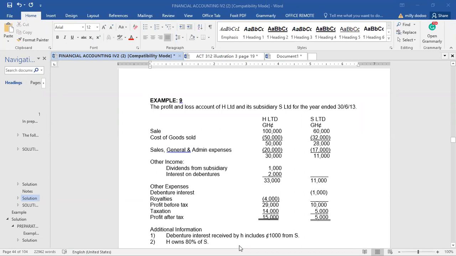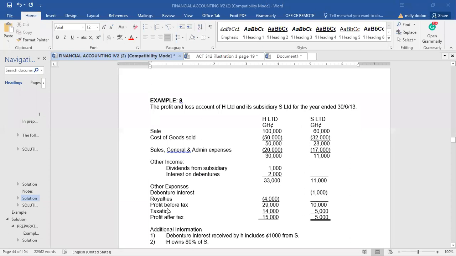The profit and loss account of H Limited and its subsidiary S Limited for the year ended 30th June 2013 is as follows. So you have the financial statement for H, and then you have the financial statement for S. Now, when you are about to consolidate the account, there are certain things you must take note of.